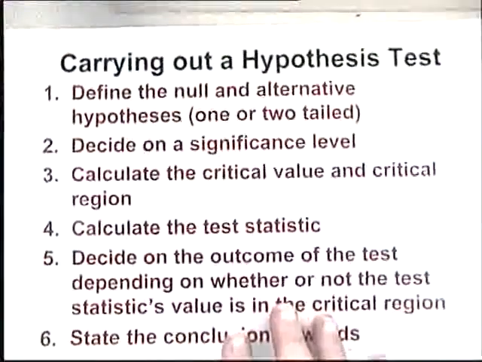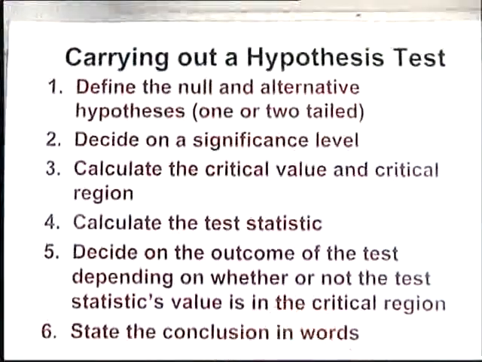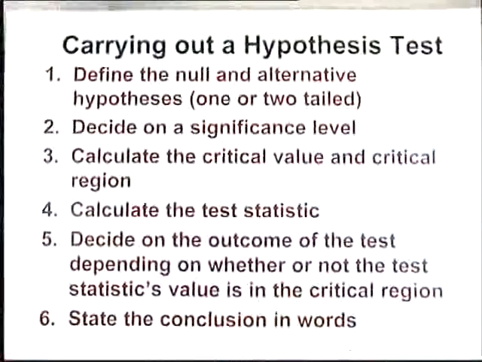So this slide here is a crucial one for this chapter. This tells you the steps you take for any hypothesis test, and you can get this one copied down. Okay, so step 1 for any hypothesis test is defining and stating and writing down the null hypothesis and the alternative hypothesis.